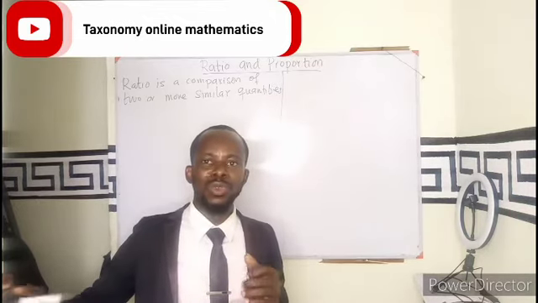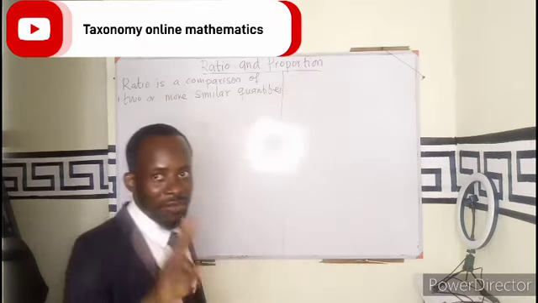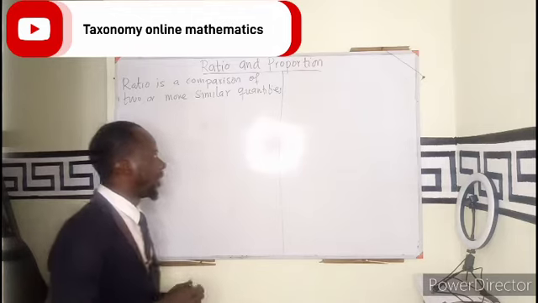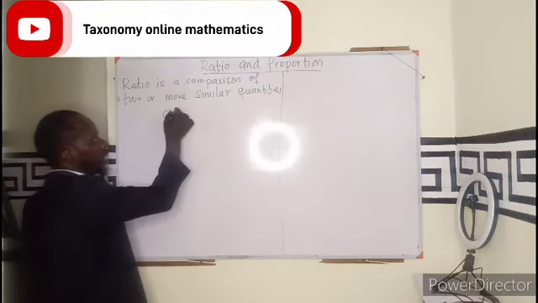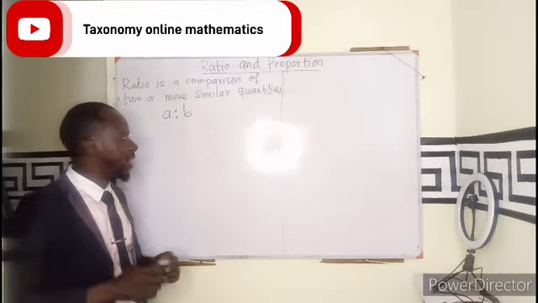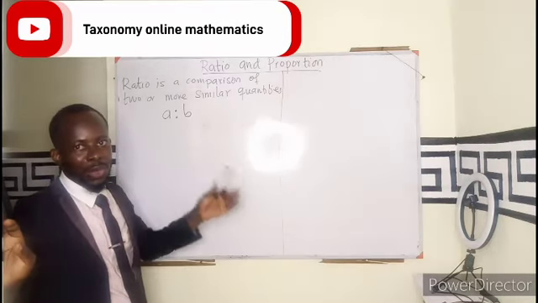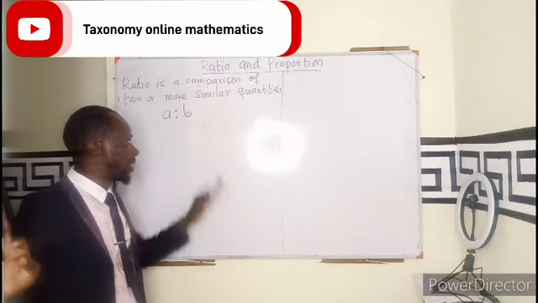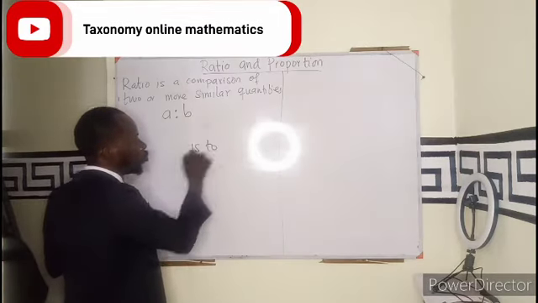Now, when you want to write a ratio mathematically, if it is two quantities, we represent the ratio as A is to B. The "is to" here is a colon, which we know we use in English. In mathematics, this symbol is taken as "is to".